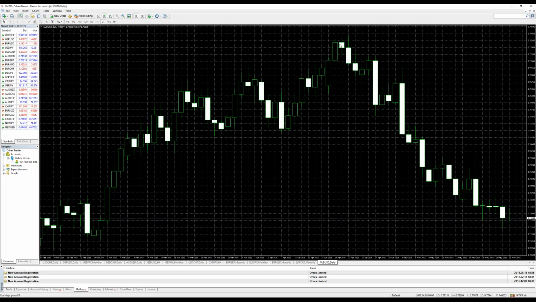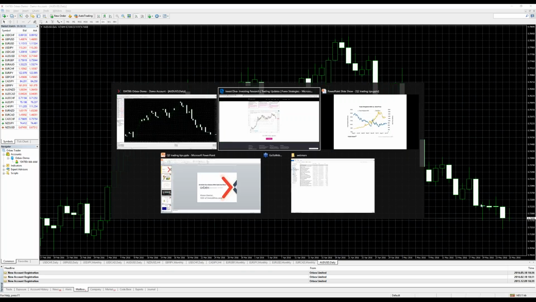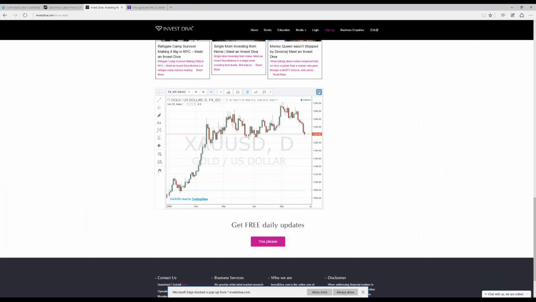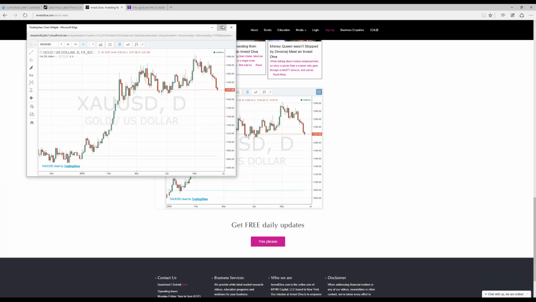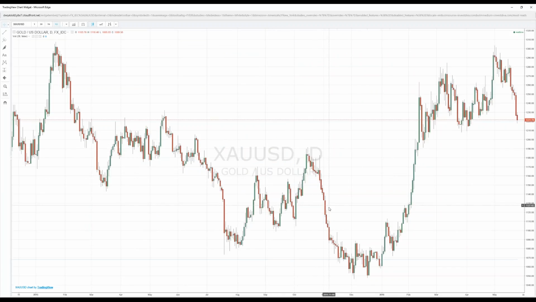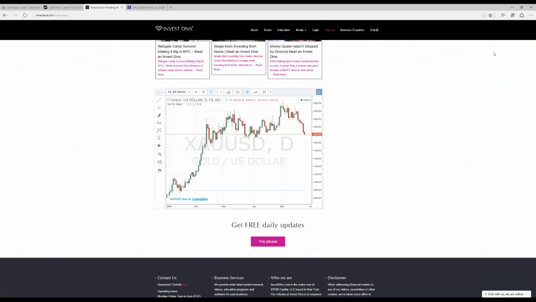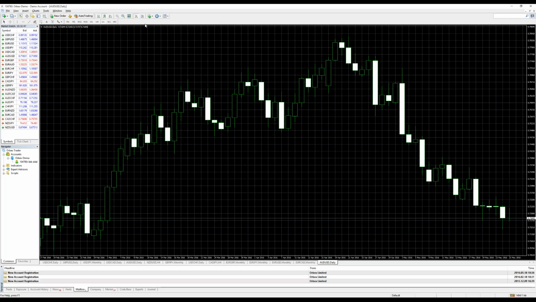Since April is when the Aussie dollar first started going down, whereas, well, actually no, it's pretty similar, right?